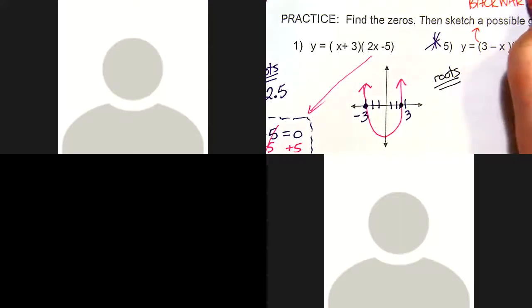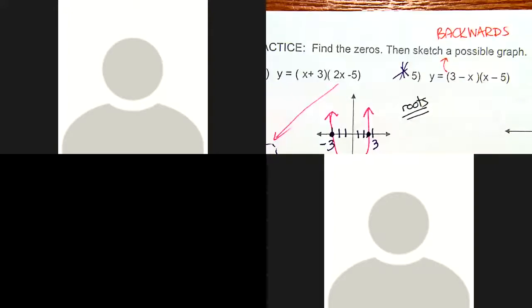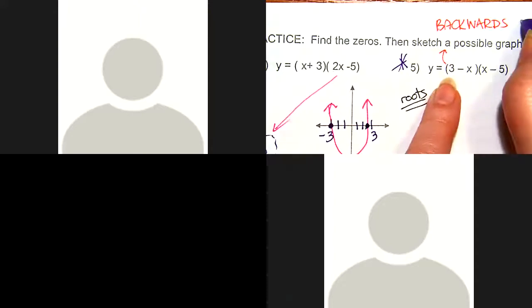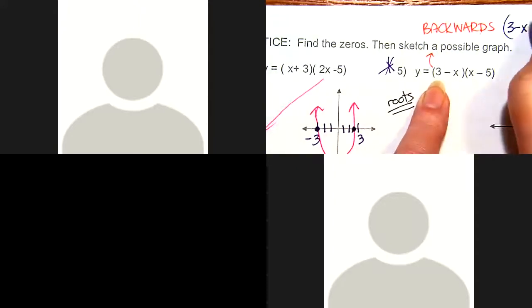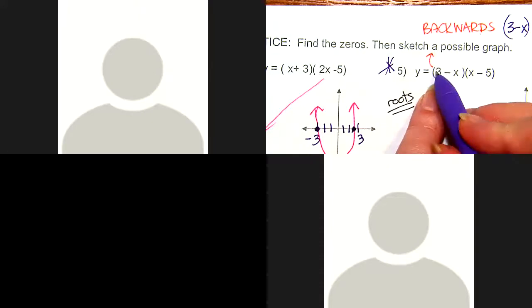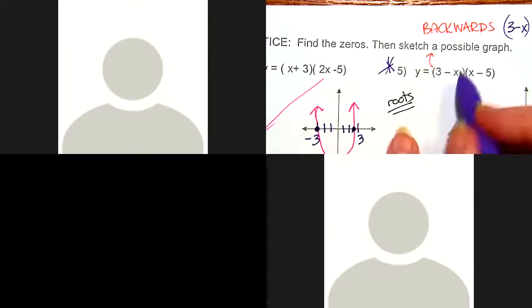When you see one that's backwards, like this, 3 minus x is a shorter way to write negative x minus 3. So what this means, if you see one that's backwards, is that you're going to have a negative, so this one's going to go upside down.